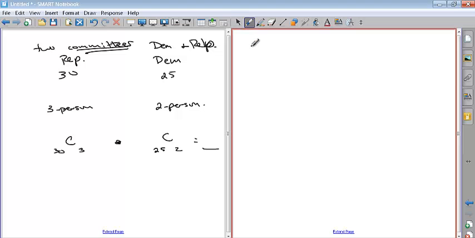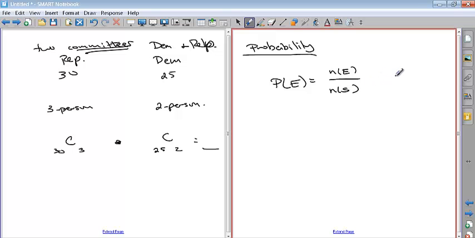Chapter 11 was probability. And remember, the probability of an event occurring involves counting: the number of times event E happens divided by the total number of events in the sample space.